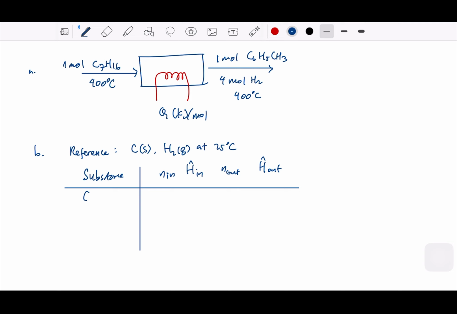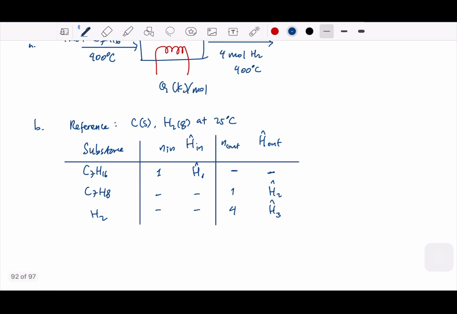We have 3 substances, not really that complicated, right? So I hope you can follow this. Since there is no other substance other than heptane at the beginning, we just have that as our reference, and it goes to completion, so nothing is left here, and it is 1, 4, H2, H3. I think nothing is wrong with this, right? It's just a usual table.